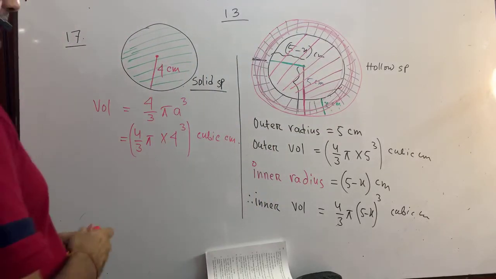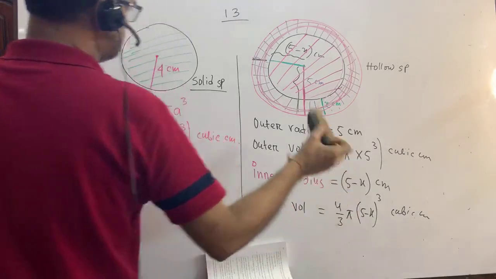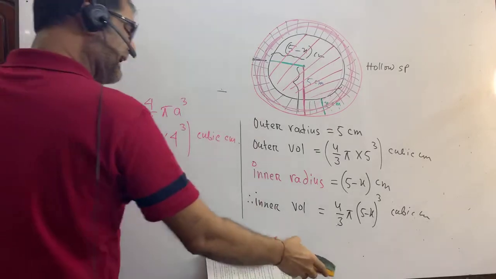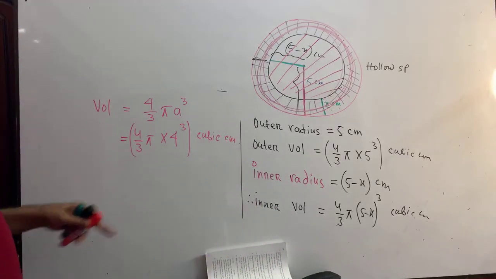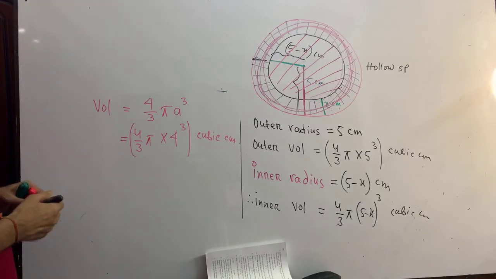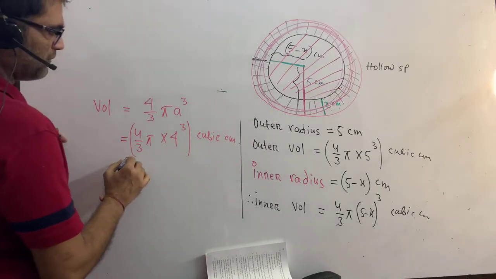So we can write here, the iron used in the hollow sphere is equal to the volume of this.